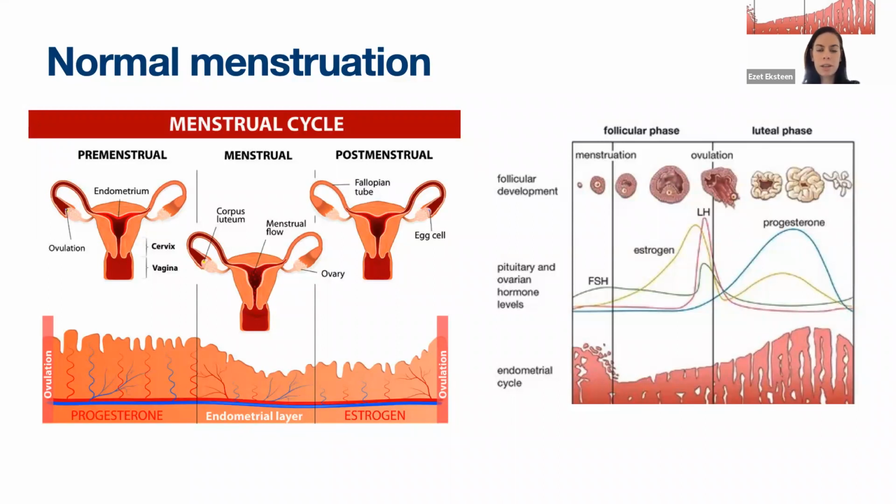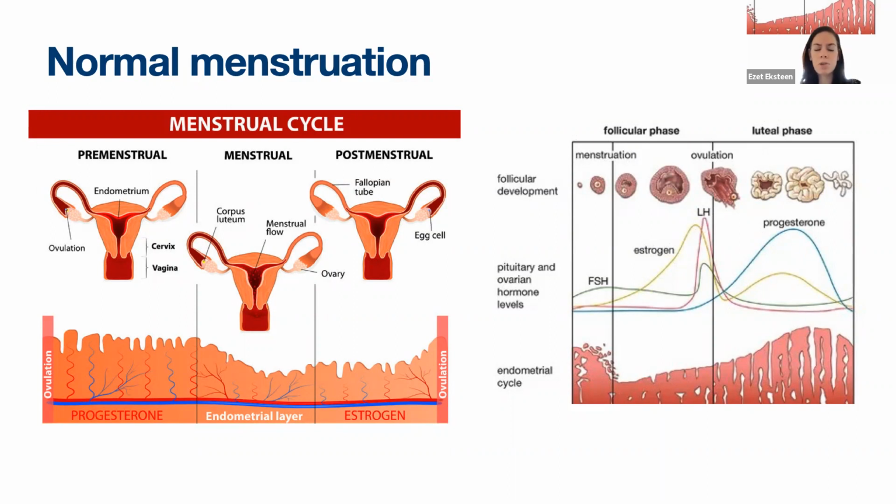Usually if there was implantation, the yolk sac of the fertilized egg should then continue producing progesterone. Progesterone is also known as the pregnancy hormone, but because there was no implantation, you get a decrease in the level of your progesterone in the body.